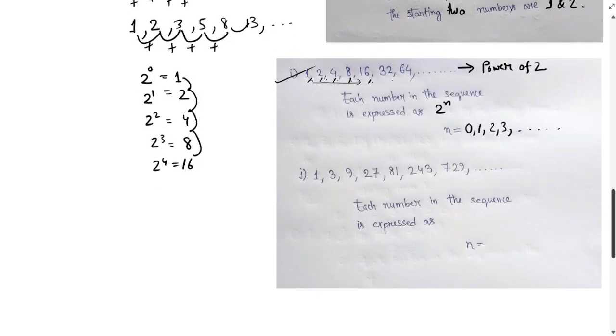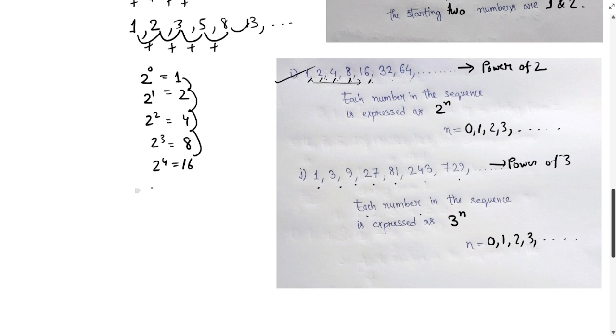Next, 1, 3, 9, 27, 81, 243 and 729. This is powers of 3. Similarly, as before, we can say each number in the sequence is expressed as 3 power n, where n is 0, 1, 2, 3, and so on.